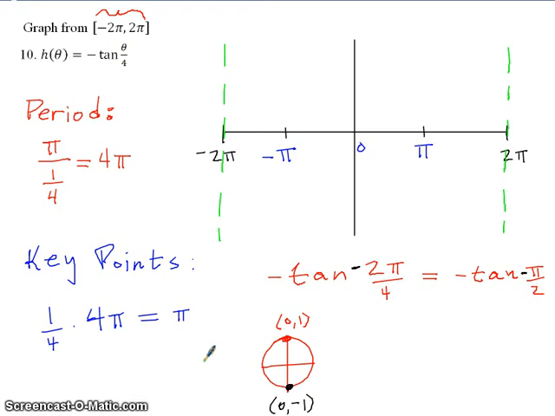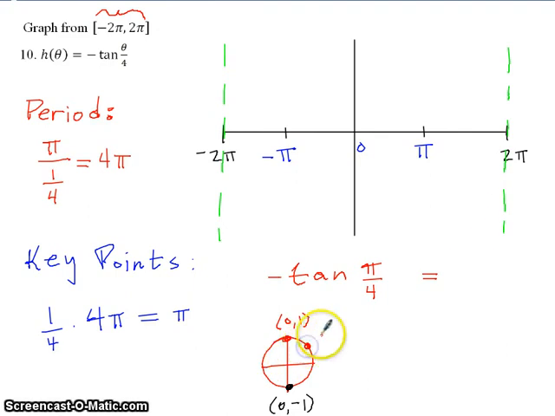All right, so let's plug in pi and see what happens. If I plug in pi, I have negative times the tangent of pi over 4. Well, what is the tangent of pi over 4?